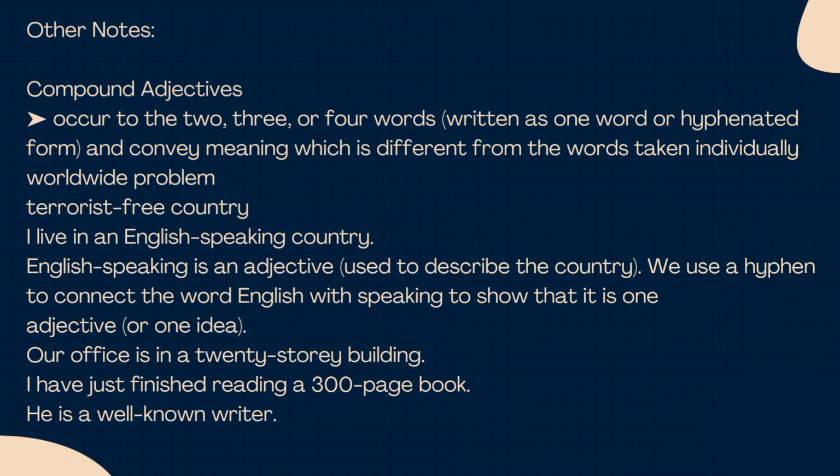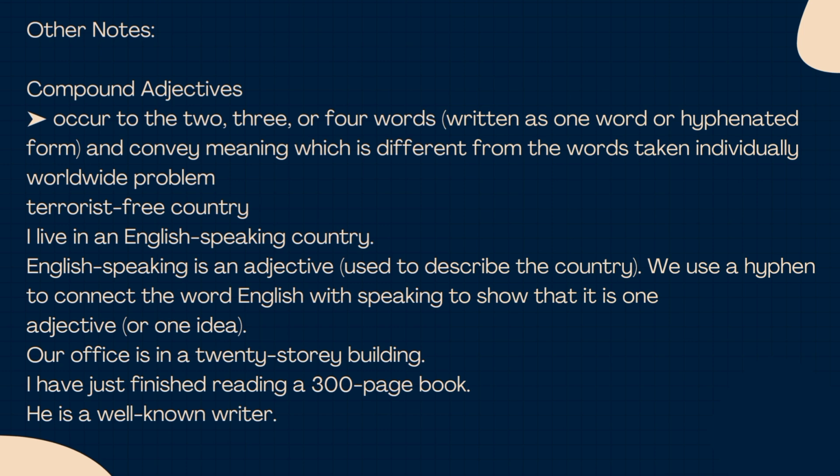Compound adjectives consist of two, three, or four words written as one word or in hyphenated form, and convey a meaning which is different from the words taken individually. Example, worldwide problem. Worldwide is written as one word. Terrorist-free country.